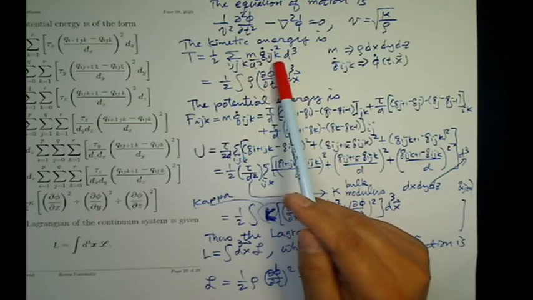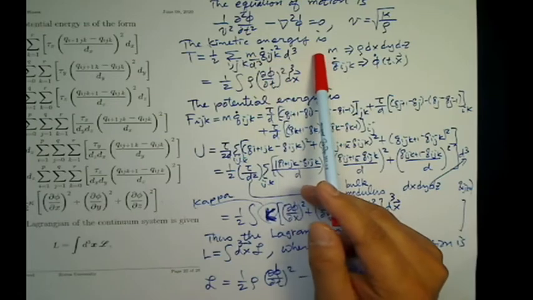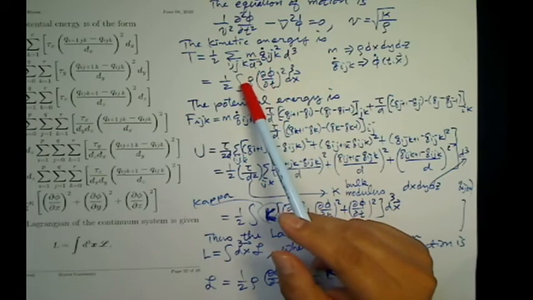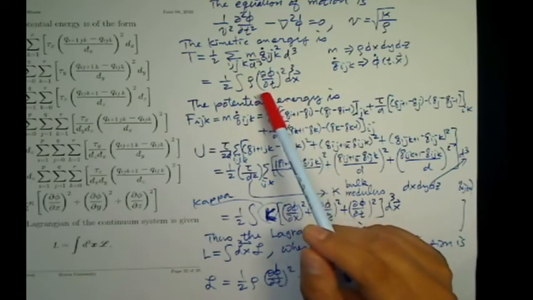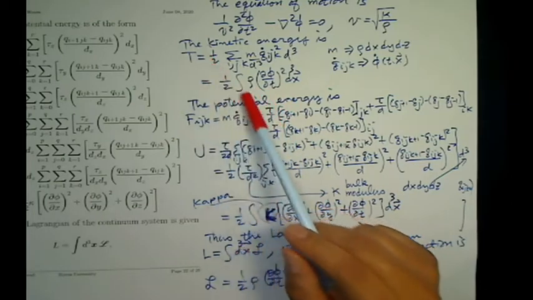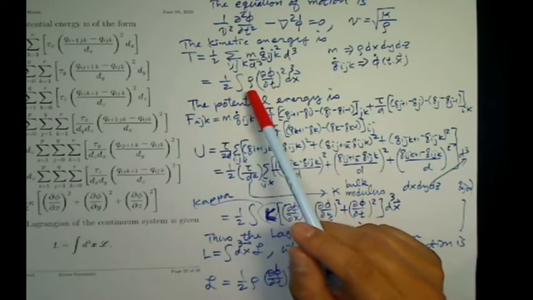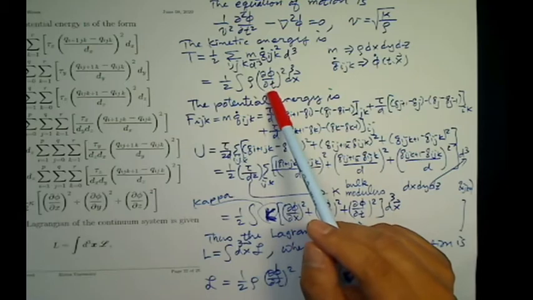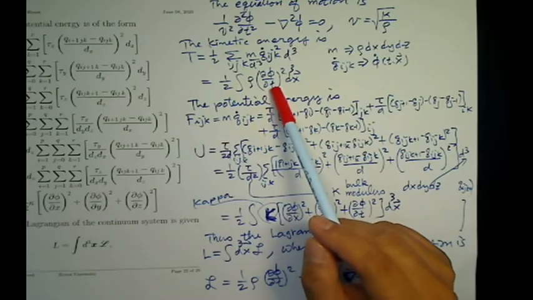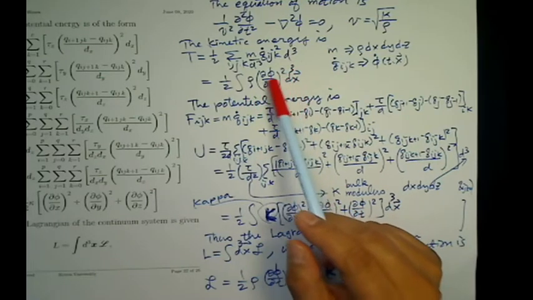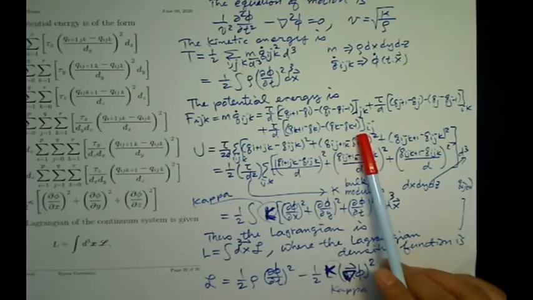The summation can be taken in this continuum limit and replaced with the integral. Therefore, 1/2 rho times the time derivative of the field squared, integrated over space, is the kinetic energy.